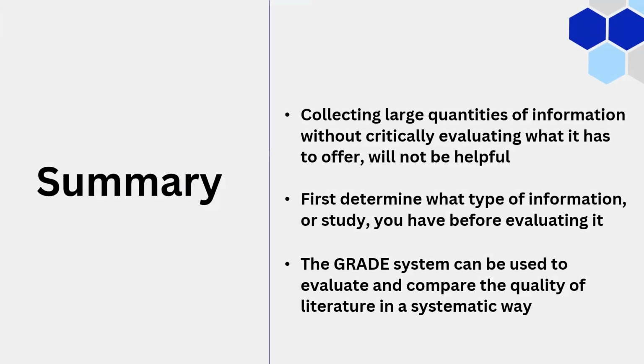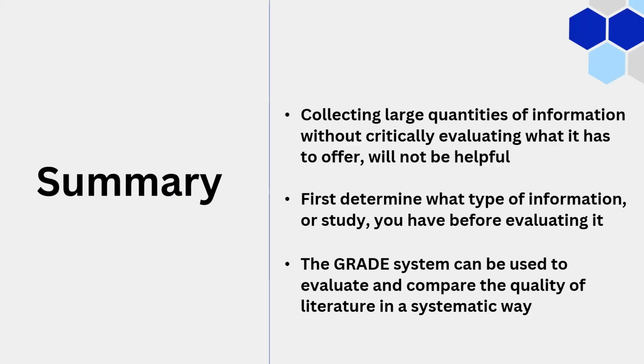So in summary, collecting large quantities of information without critically evaluating what it has to offer will not be helpful to you. I've seen teams with 150 plus references, but if they didn't understand or critique what's in those references, their recommendation was not any better than other teams with fewer references. In order to determine how valuable information is, you have to first determine what type of evidence you have.